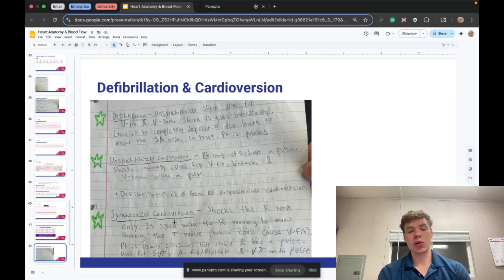But this is what a synchronized cardioversion will be used for. It's basically a defibrillation, but it only syncs to a certain wave. That's why it's called a synchronized cardioversion. So an unsynchronized cardioversion is just what? Defibrillation, right?